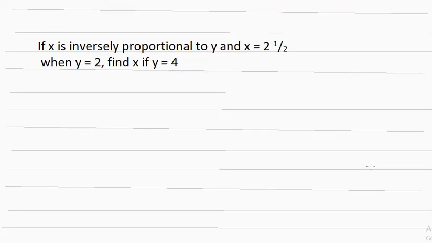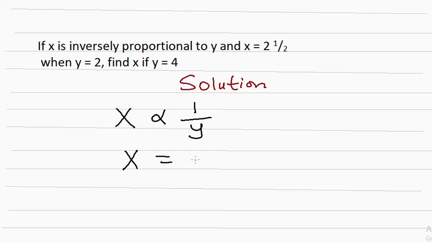Okay, so the last but not the least, this one goes this way. X is inversely proportional to Y. Solution. That simply means that X is equal to K all over Y, and that also means that K is equal to, if I cross multiply, XY.